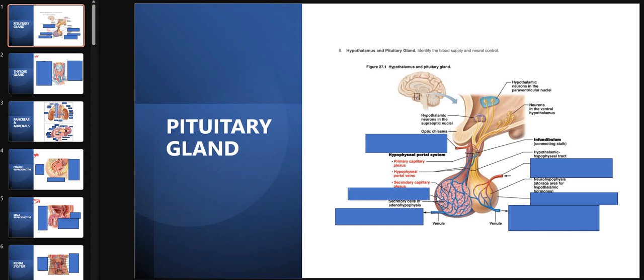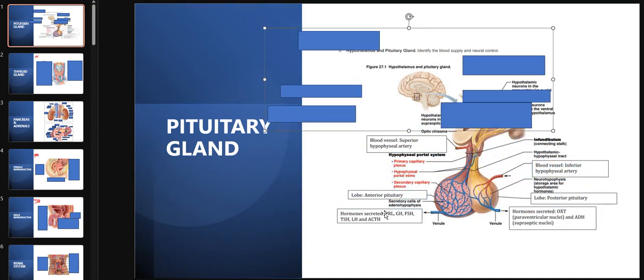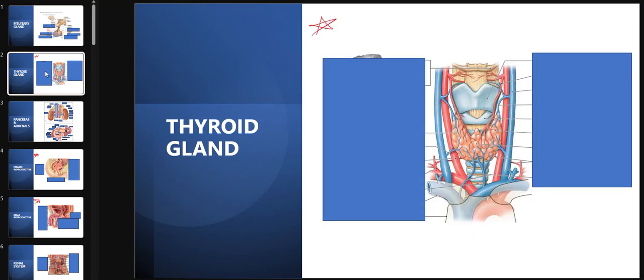The anterior pituitary lobe secretes growth hormone, thyroid stimulating hormone, adrenocorticotropic hormone, luteinizing hormone, follicle stimulating hormone. And there's another one right here, as you can see, and prolactin. Yeah, so those are that one.